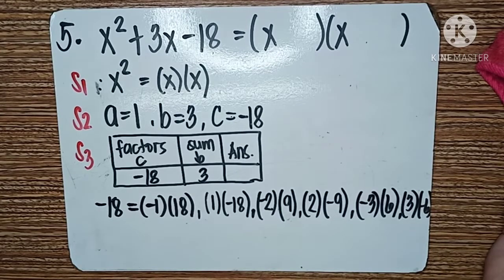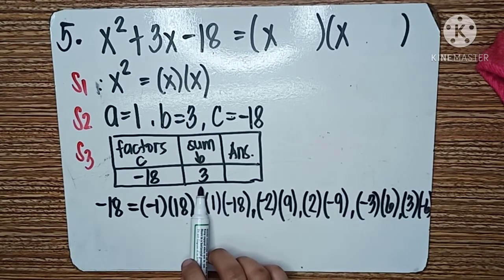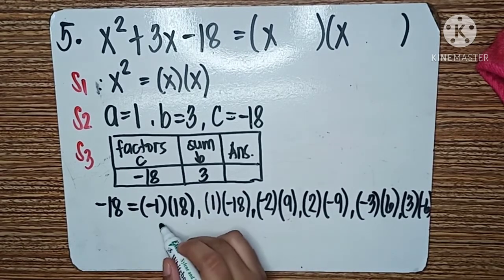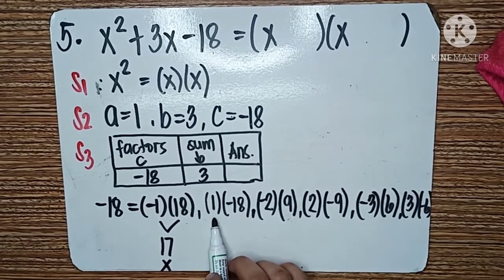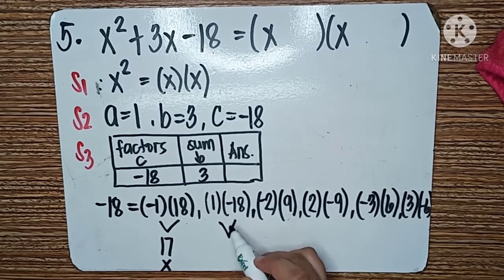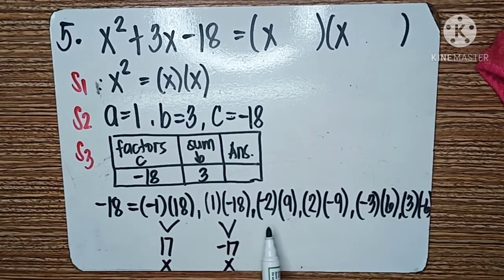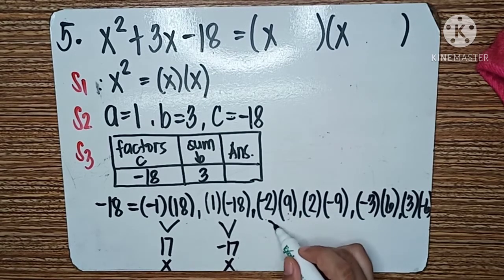Ayan. Next, add natin, alin sa mga factors na ito ang mayroong sum o kapag pinag-plus ay equal to positive 3. So, negative 1 plus 18 is 17. So, hindi ito ang hinahanap natin. Positive 1 plus negative 18 is negative 17. Hindi ulit ito. Negative 2 plus 9 is 7.